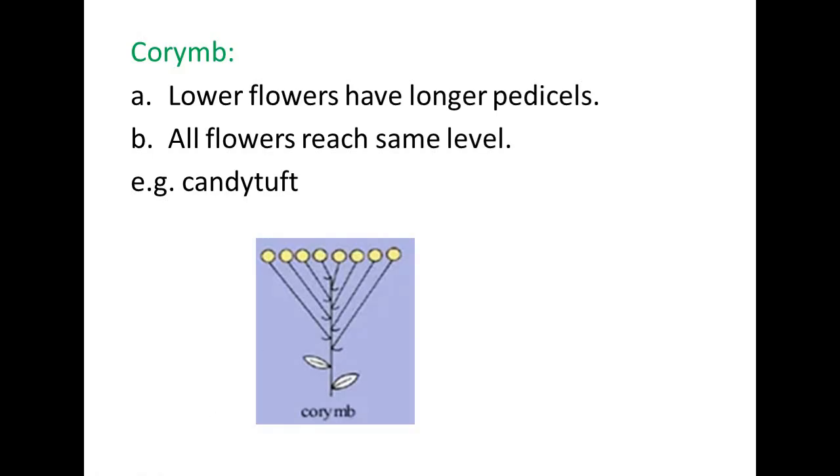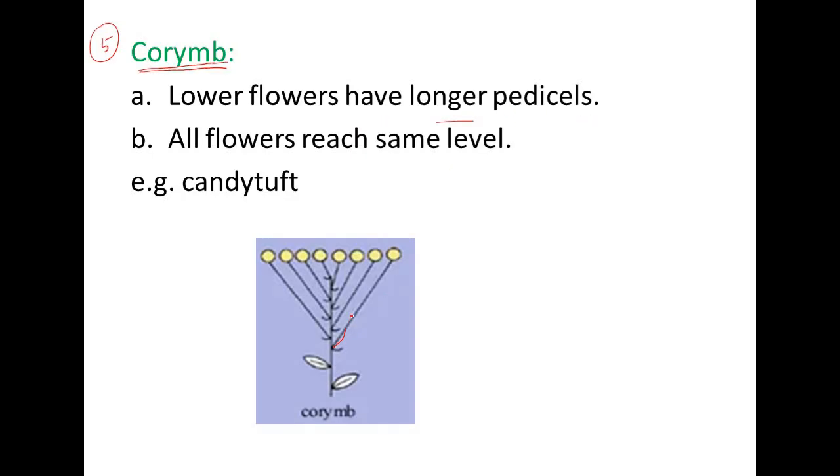Now come to the next one, corymb. Always remember the image; it is easy to memorize by image, especially the flower anatomy. The lower flowers have a longer pedicel.